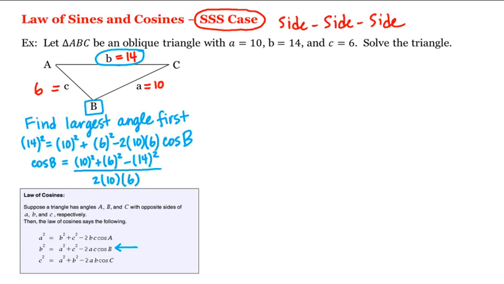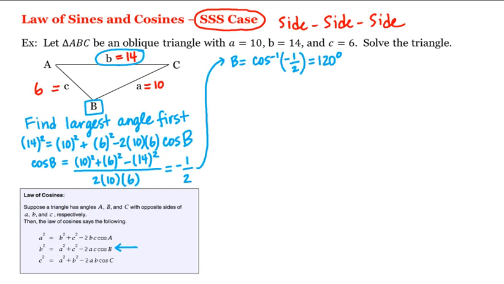And doing this calculation, we get that this is equal to negative 1/2. Which means that B is equal to inverse cosine of negative 1/2, which is equal to 120 degrees.